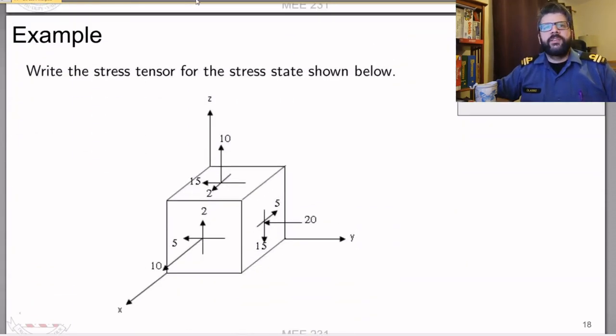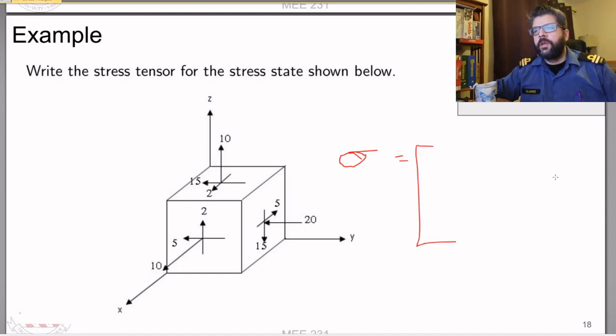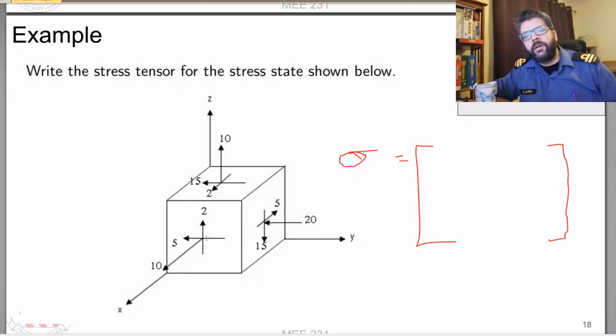So as an example, let's look at what the stress tensor is for this particular stress state shown. So I'm going to draw this. Again, we've got the components here. Let's start with our x, our normal x. We've got the x face here, and the force that's acting in the x direction. That one's going to be 10. That's a positive 10 because it's pulling.